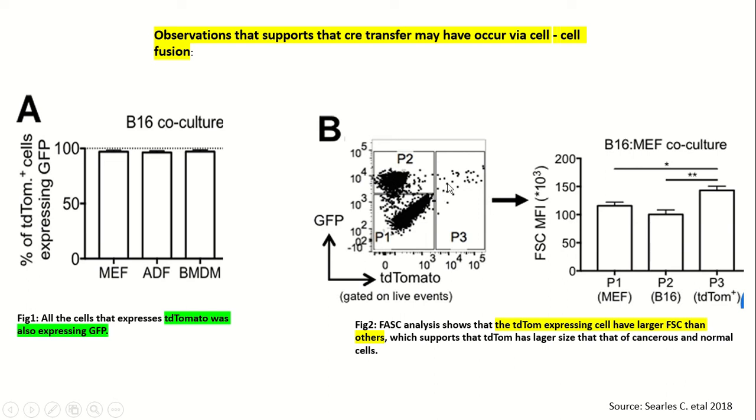And they also realized that among the cells expressing tdTomato, meaning P3, 100% of these cells have the ability to express GFP, as we can see here.